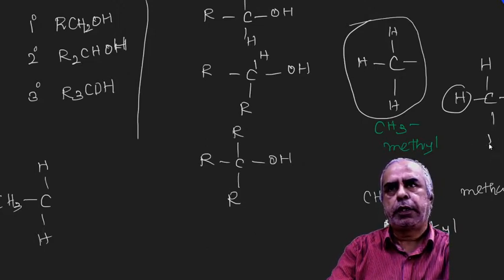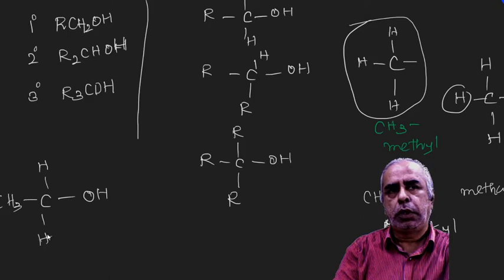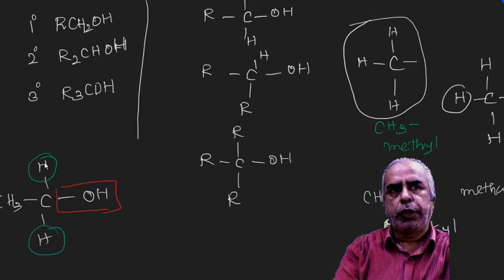Now what do you call this alcohol? Is it primary or secondary or tertiary? How to identify that? We have the OH group, which is the functional group, and then you have two protons here. When you have two protons, then it is primary only.